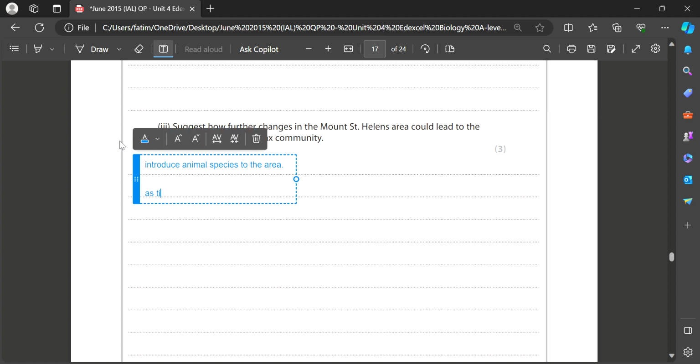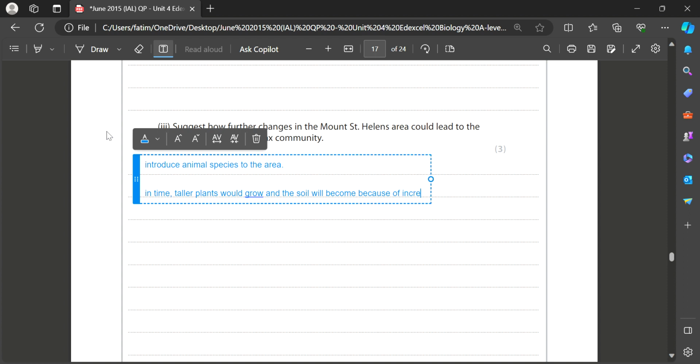As time goes, as time goes on, taller plants would come in, taller plants will grow, and the soil will become deeper because of the increase of microorganisms.